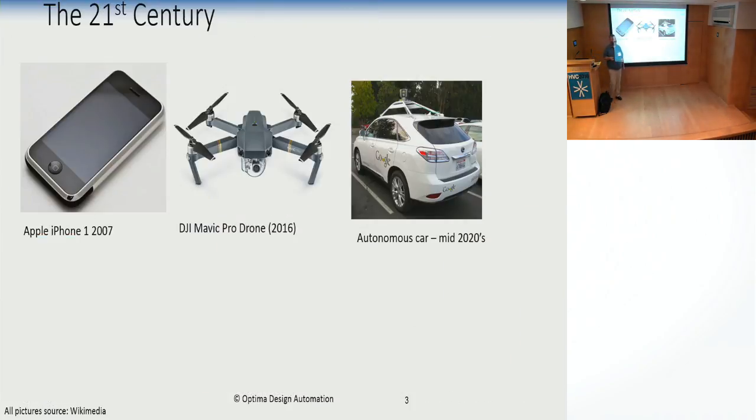Extending it to the current century, we can see the iPhone, we can see tons of drones erupting all over the place for multiple reasons, and everybody's expecting in the middle of the next decade to start seeing automatically driven cars.